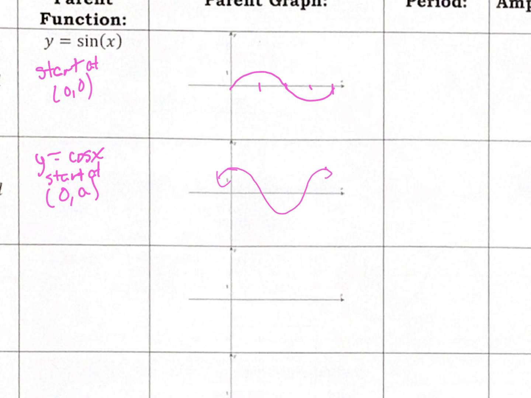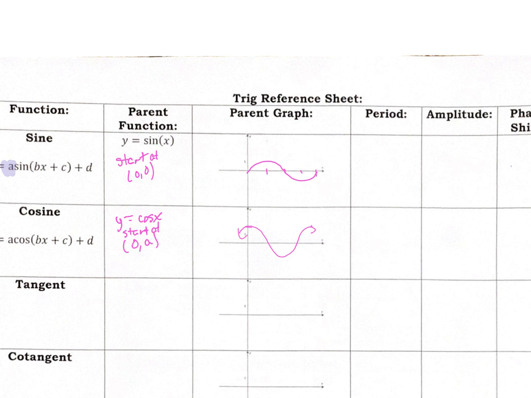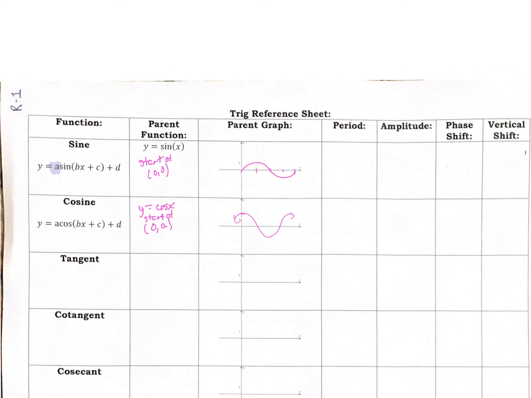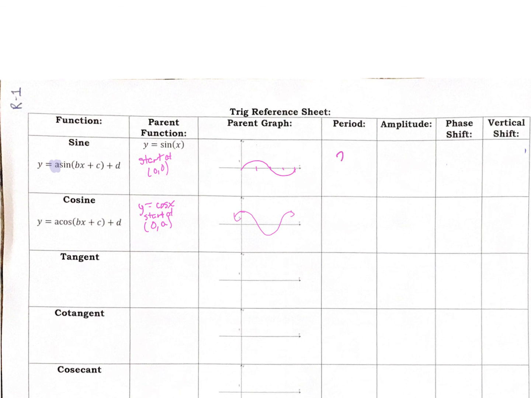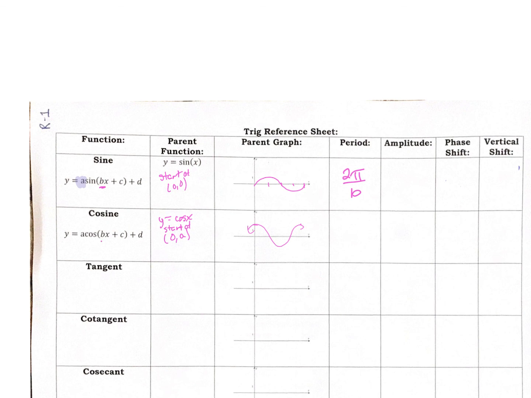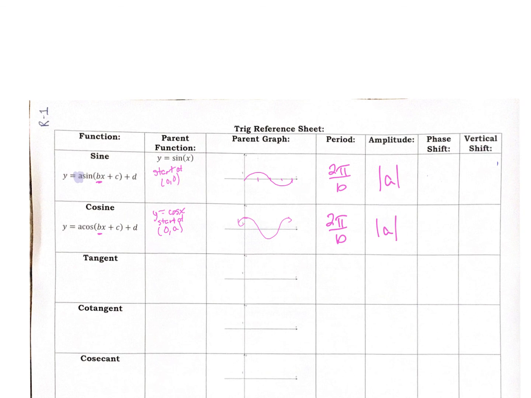Cosine curve, we know the basic shape of that also, right? I'm kind of doing both of these together because in terms of the information for period and amplitude and phase and vertical shift, it's all the same. Okay, so for the period, we know we do 2 pi over b, because b is this number out in front here of the x, so 2 pi over b. The amplitude, remember, is the absolute value of a. For our phase shift, I will not ever give you a period change and a phase shift on the same graph.